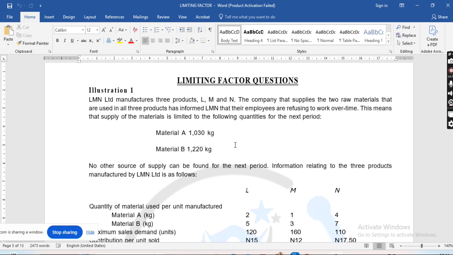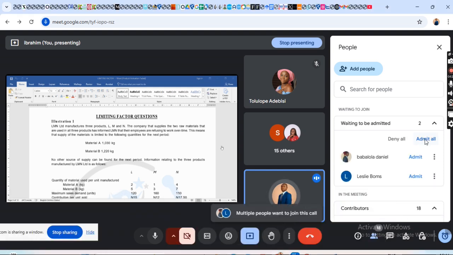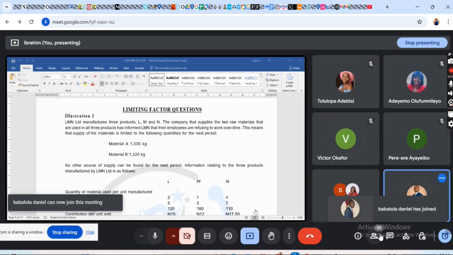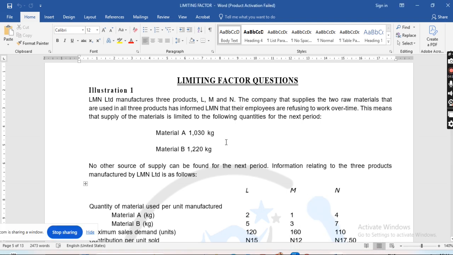So the supplier says that they refuse to work overtime, which means that our supply will only be limited to this kg. It could be that they have been supplying more of this material and they are not producing as much as before. So in this case, the supplier is now saying, this is our limit of supply of the material.